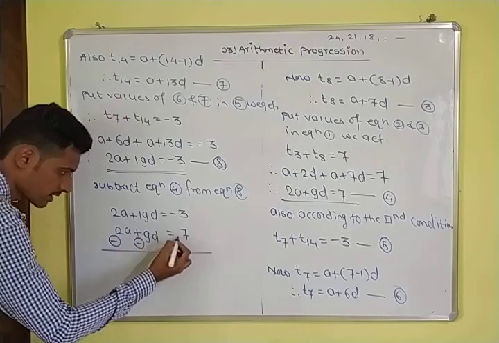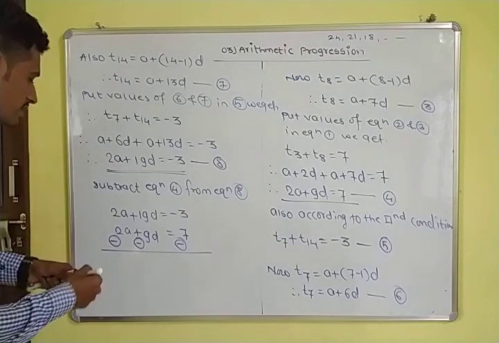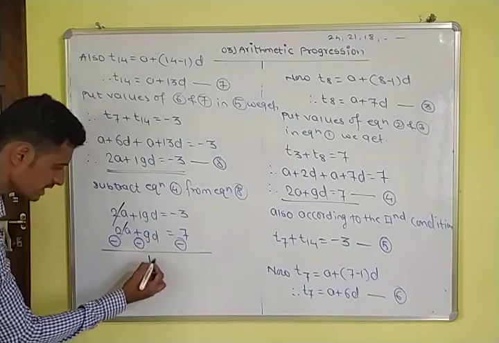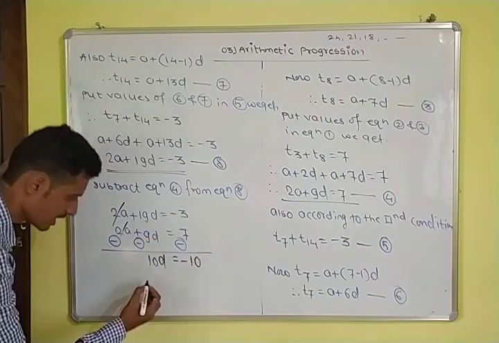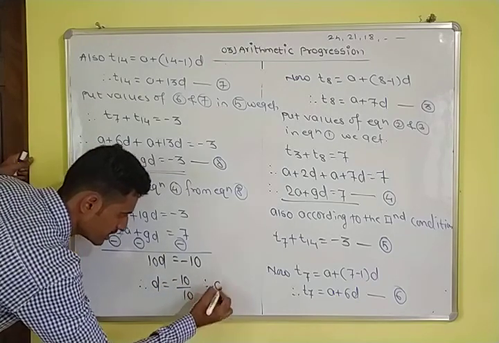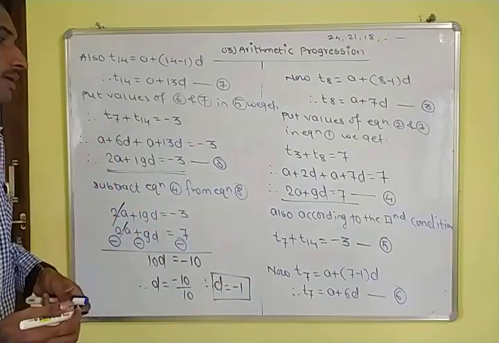Here 2a and minus 2a get cancelled. 19d minus 9d means 10d, is equal to minus 7 minus 3, that is minus 10, and therefore d is equal to minus 10 by 10, so d is equal to minus 1. The common difference is minus 1.